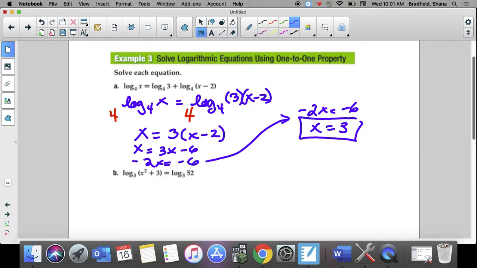All right, in part B, we already have a log base 3 on both sides, so that kind of makes it nice for us. And just one of each. And so I'm going to put a 3 on both sides, which allows me to simplify that into x squared plus 3 equals 52.